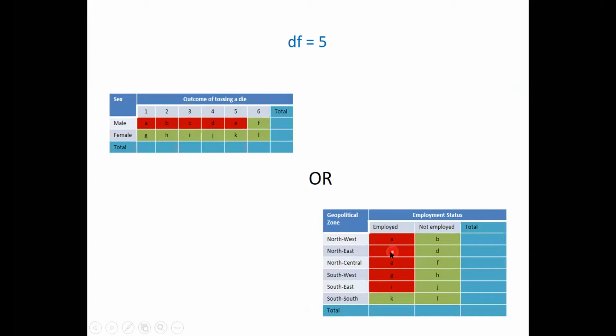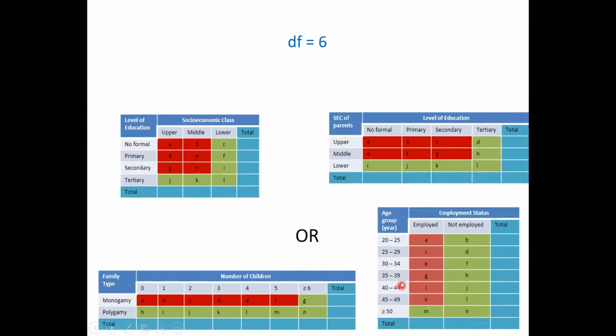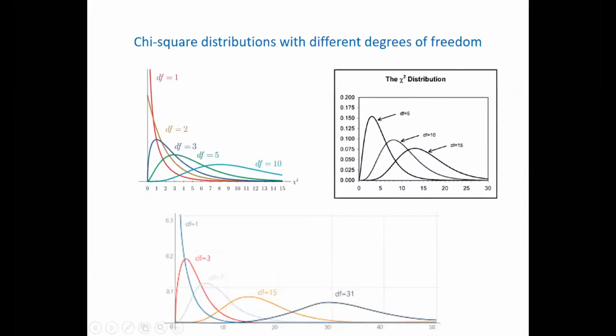For degree of freedom of 5, 2 possibilities: 2 rows, 6 columns, or 6 rows, 2 columns. For degree of freedom of 6, there are 4 possibilities: 4 rows, 3 columns, 3 rows, 4 columns, 2 rows, 7 columns, or 7 rows, 2 columns. That's the way it goes.